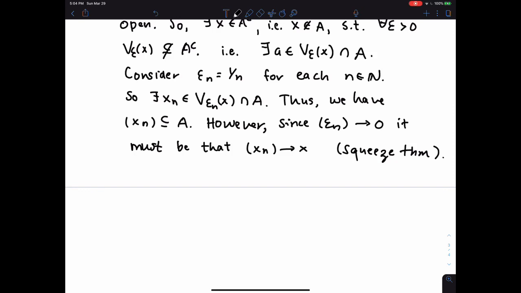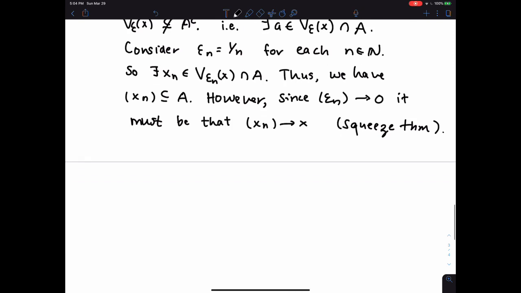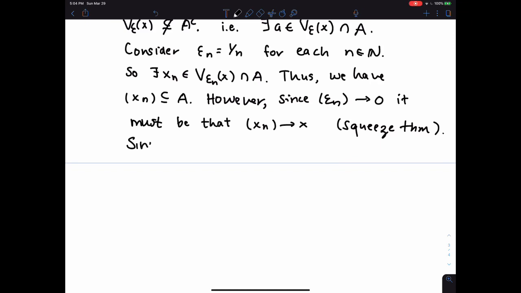In this case, I'm getting the point from my assumption that I'm not open. So since x is not in A, A is not closed by definition, because we found a sequence in A that converges to a point that's not in A. So we've proven the forward direction using contrapositive.